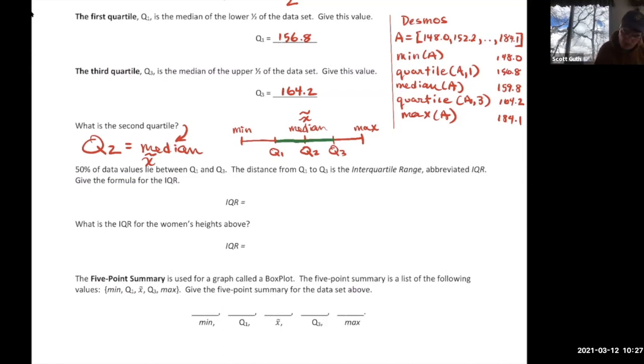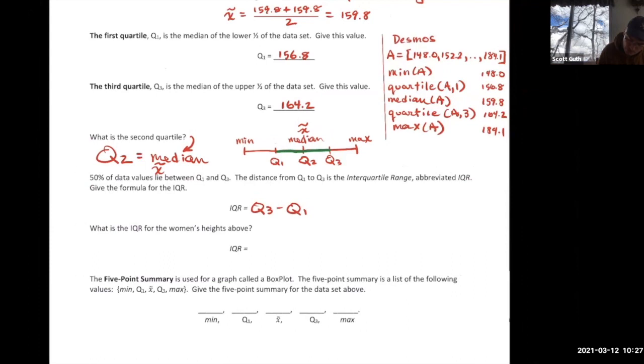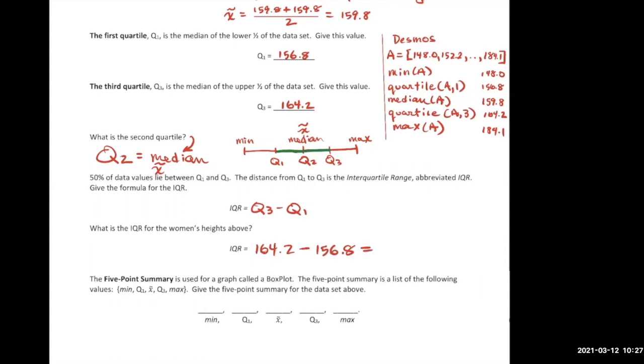It's just the distance from Q1 to Q3, 50% of the data. So the formula is Q3 minus Q1. For the women's heights, Q3 is 164.2 minus Q1, which is 156.8. So what's that?